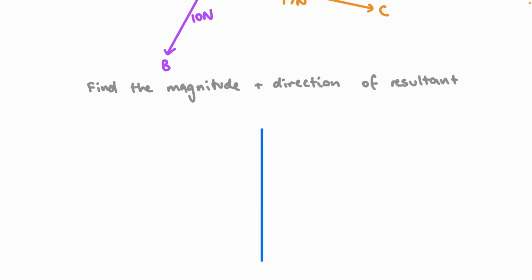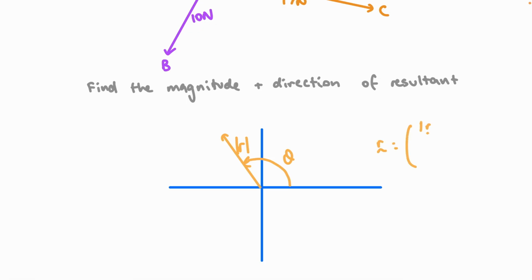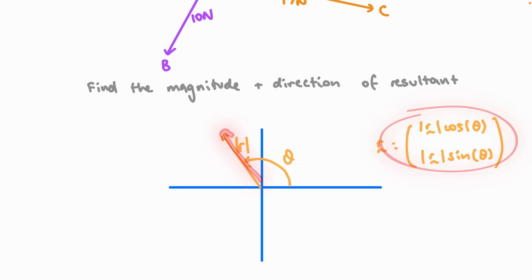If I have a vector like this, where it has magnitude r, and the angle from the positive x-axis is theta, then the vector r can be written as magnitude of r cos theta, magnitude of r sine theta. So that's how I can represent this vector in component form.